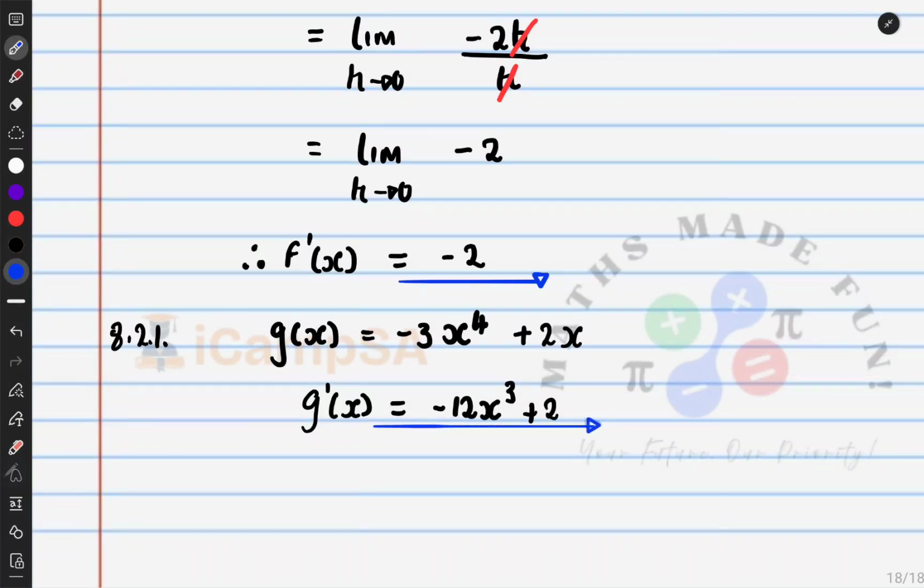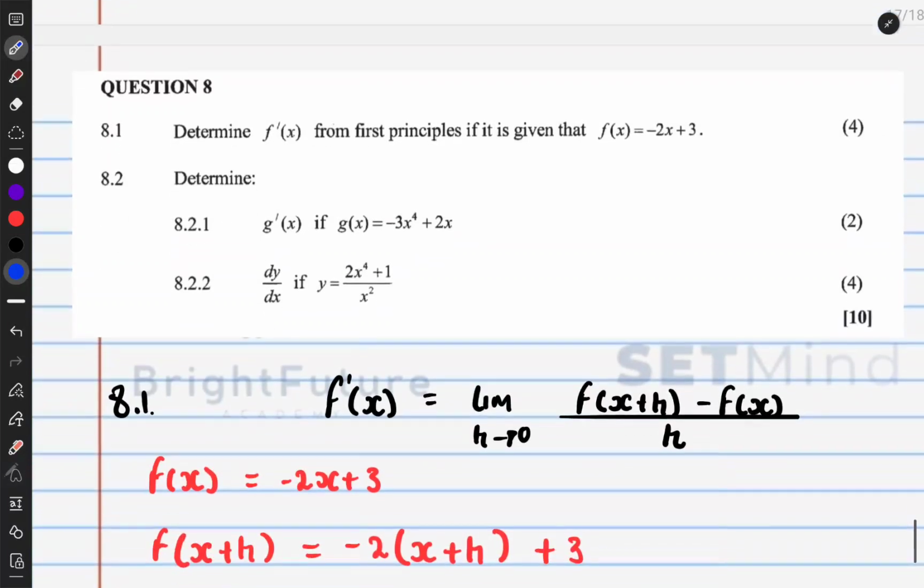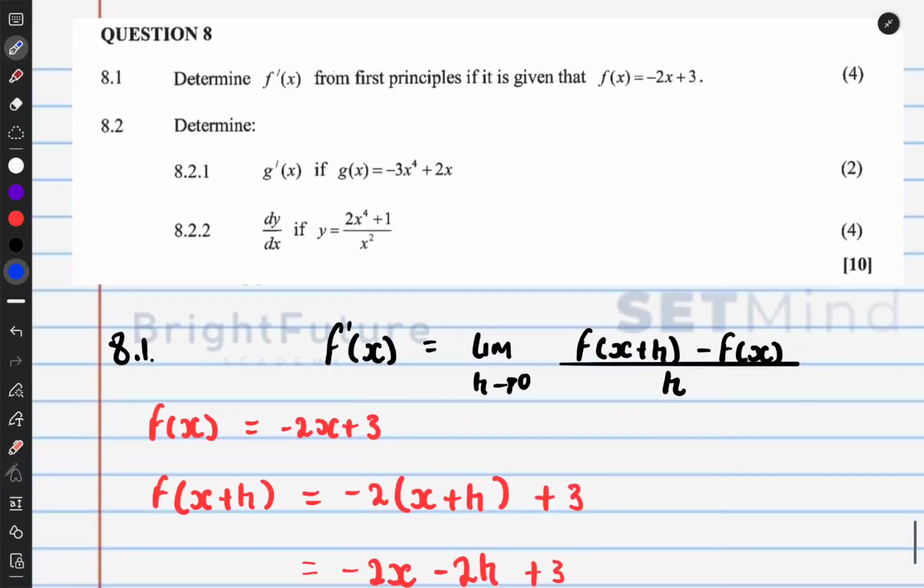Okay, and then next we are asked to derive y with respect to x, for the expression that we have there. And remember, when we have fractions, we first need to deal with them, or rearrange them, if I may say, or simplify them before we can derive.